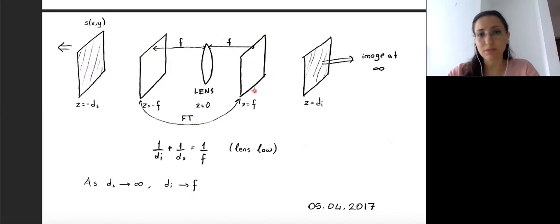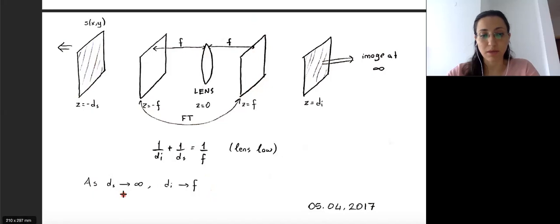That means we're going to have the Fourier transform of the Fourier transform of the source, which is going to be just the inverted source with some scale. Okay, so we're going to see the image of the source in this plane just as we expect.